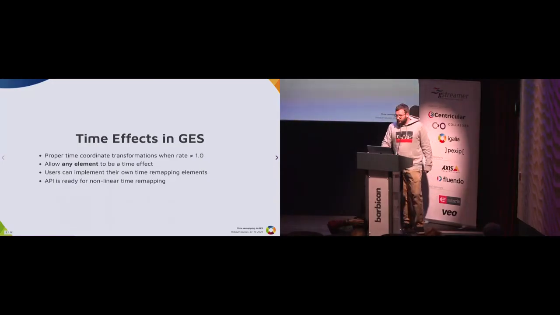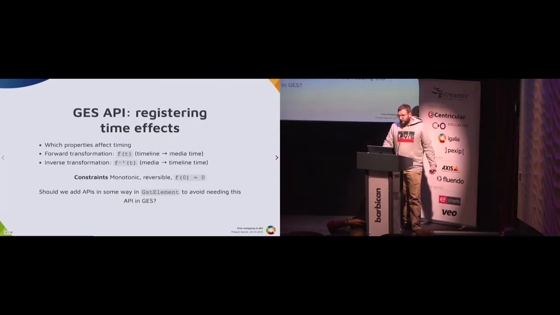This means users can implement custom time remapping elements today. The architecture also supports nonlinear transformation, well, I mean keyframe transformation with a complex time transformation. Theoretically, it already works and the design allows that, but as no elements really handle that upstream, it probably doesn't work. So it's for the future.